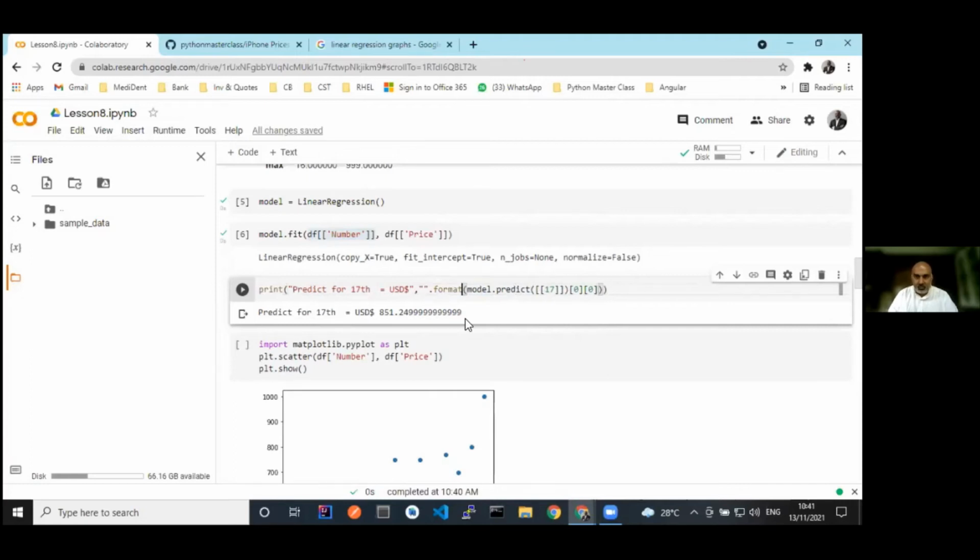If we want it to be like 2 decimal places, what we do is 2F, put in the colon. So this is formatting it, and I want it to be 2 decimal places.